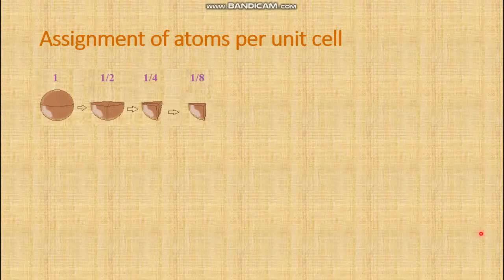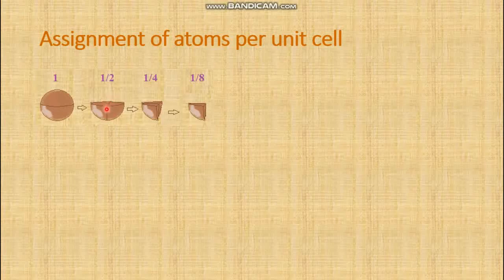Okay, so let us elaborate by taking an example of a sphere which is being cut into pieces. First, along this line, it is cut into two pieces, two equal hemispheres. So it becomes half.